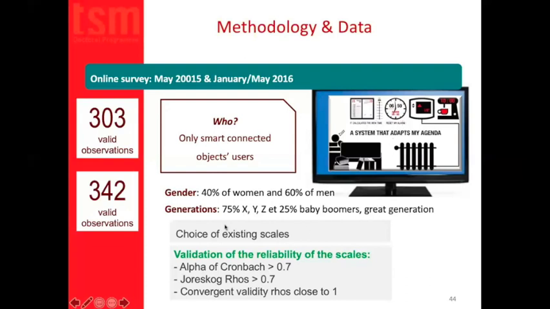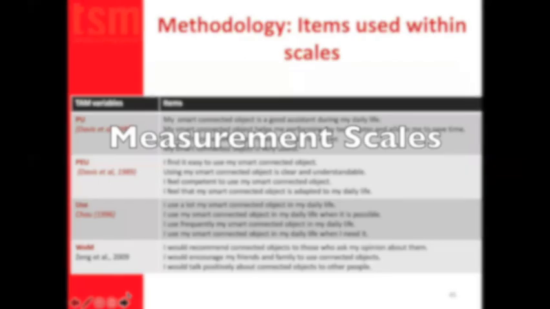You can see mainly younger generations, but we also have some baby boomers. We used only existing scales, so we did not invent or create scales. The scales were reliable according to the common measures, and here are the scales.